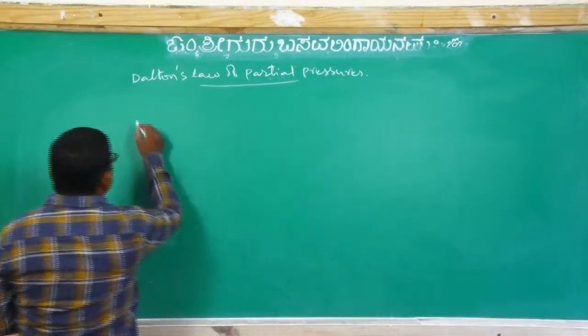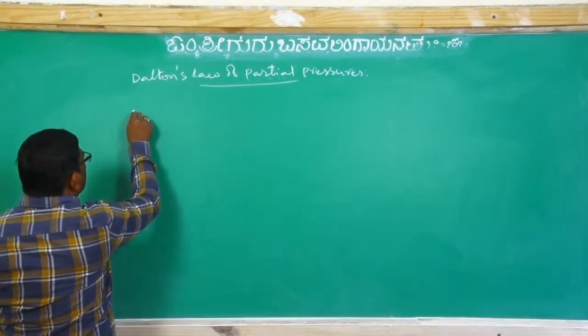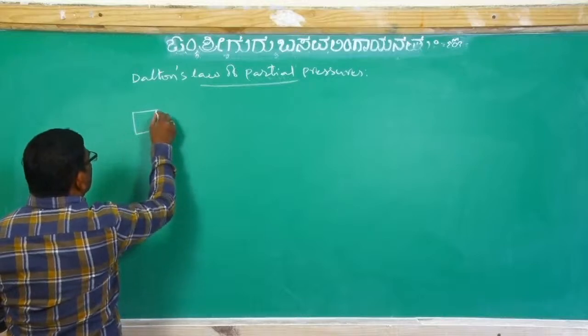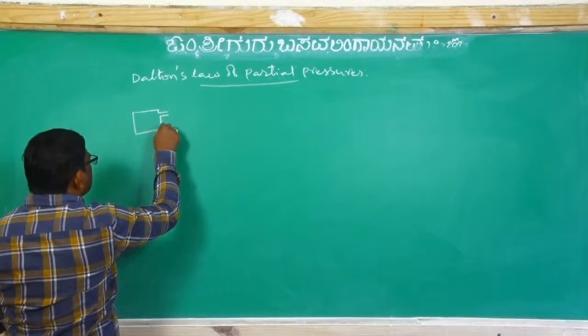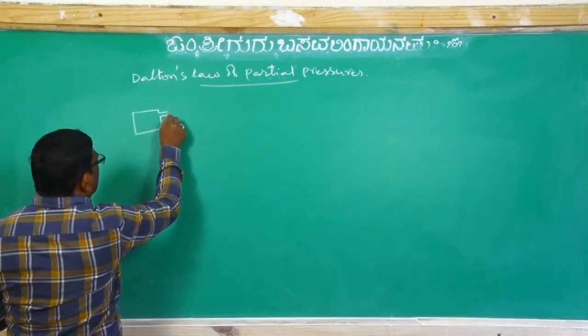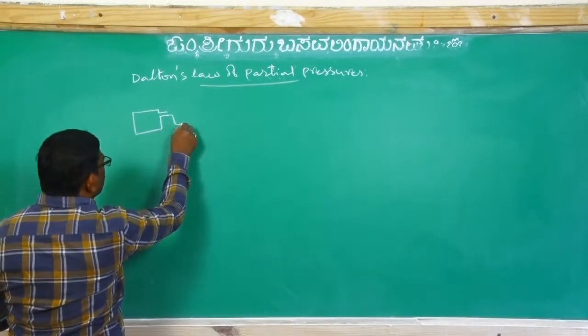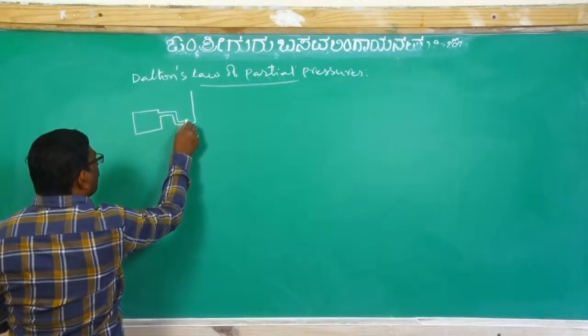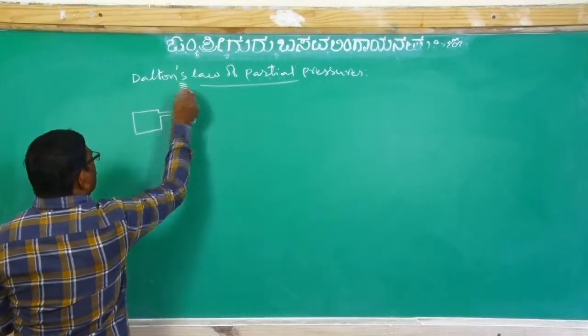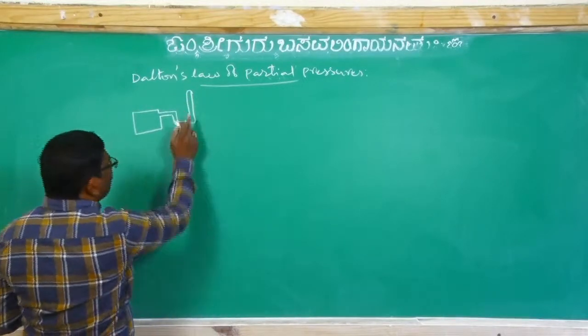Suppose here in a container, we arrange a manometer. This is container 1. This is the manometer.